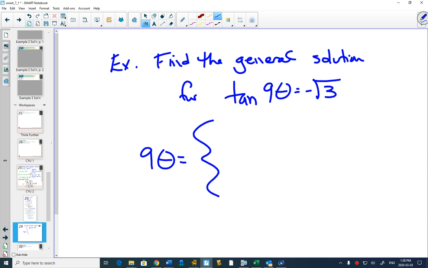What family? 60 degrees or pi over 3. Okay? It's going to be negative, so quadrant 2 and quadrant 4. So in quadrant 2, 2 pi over 3. In quadrant 4, 5 pi over 3, plus 2k pi.